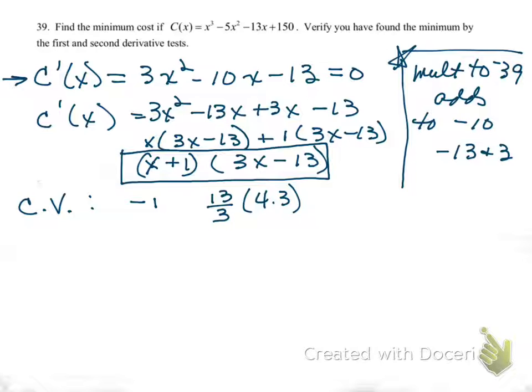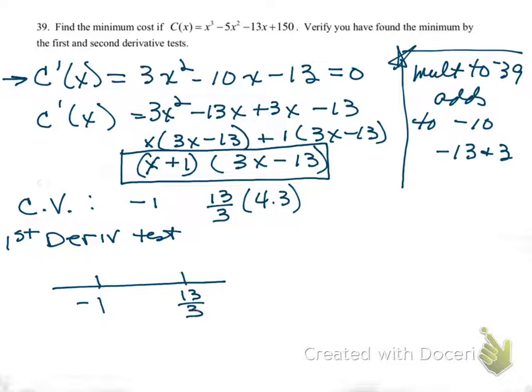So now I'm going to have to figure out if I found the minimum, if it's one of these two, by doing first the first derivative test. When you do a first derivative test, you are testing on either side of those critical values. So here's my sign chart, -1 and 13/3.